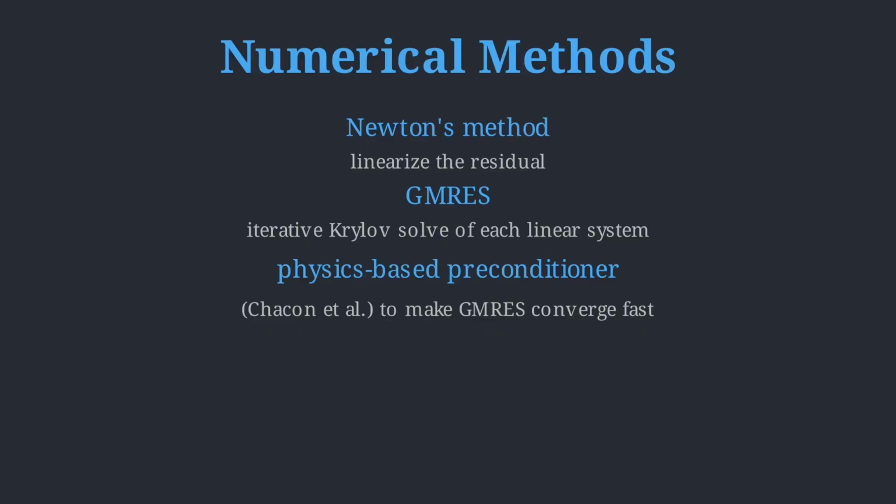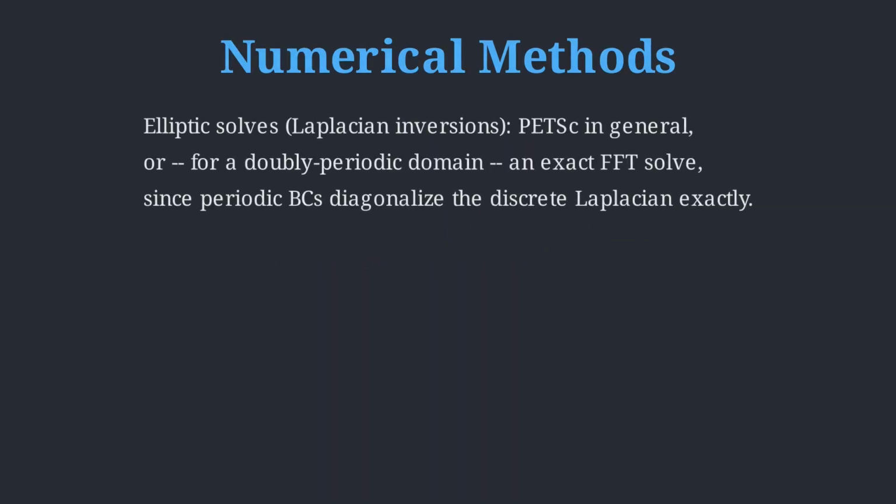The elliptic bits, inverting the Laplacian to get the variables, get handled by whatever general-purpose elliptic solver you have on hand. They use PETSc. If your domain happens to be doubly periodic, there's an even cleaner trick available, since the periodic boundary condition means the discretized Laplacian is exactly diagonalized by a fast Fourier transform, so you can invert it directly and exactly in Fourier space.